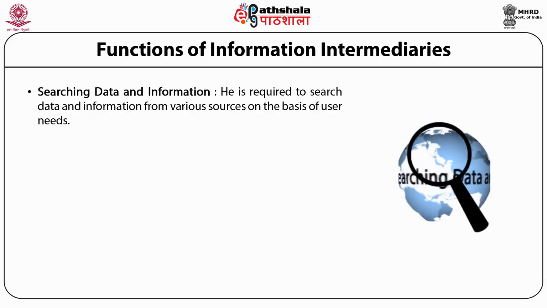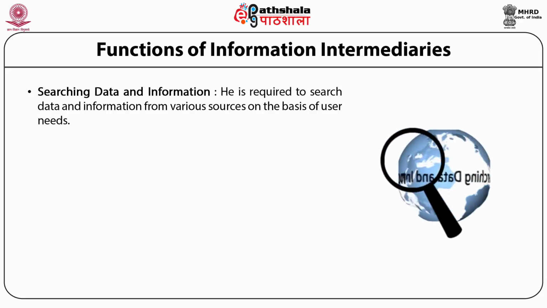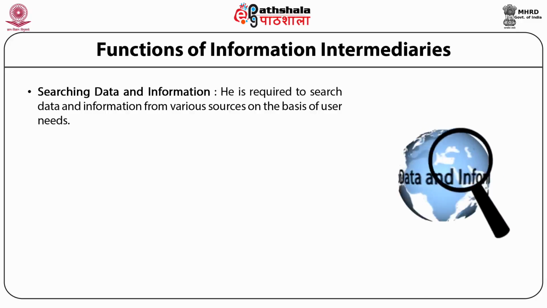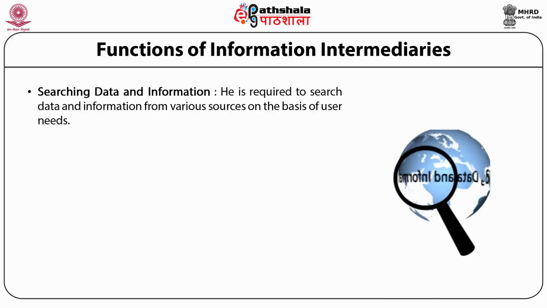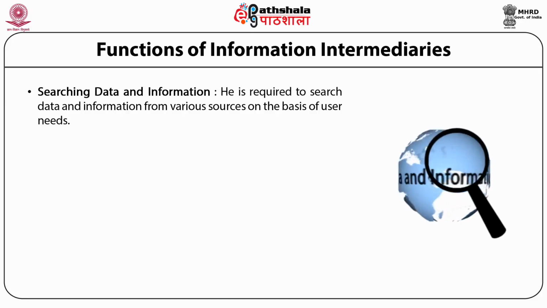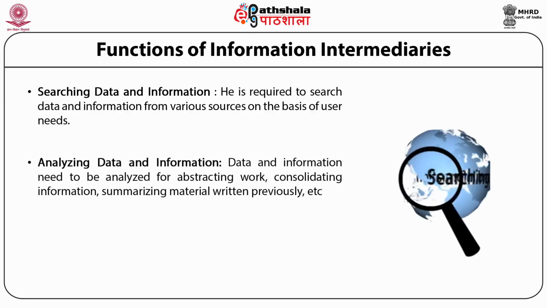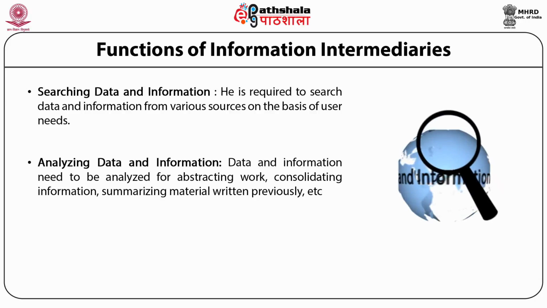Information intermediary is required to search data and information from various sources on the basis of user needs. Another function is analyzing data and information. Data and information need to be analyzed for abstracting work, consolidating information, summarizing material written earlier, and so on.